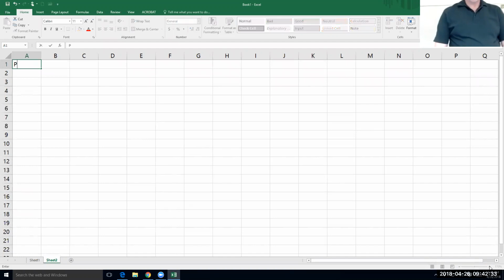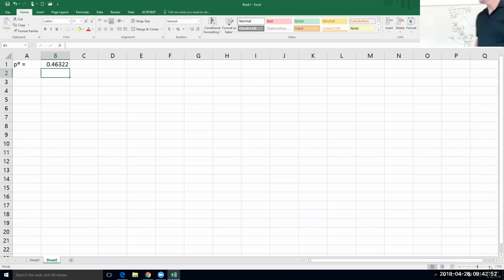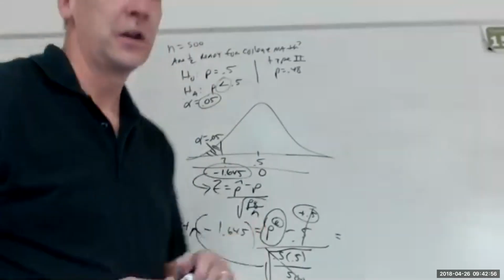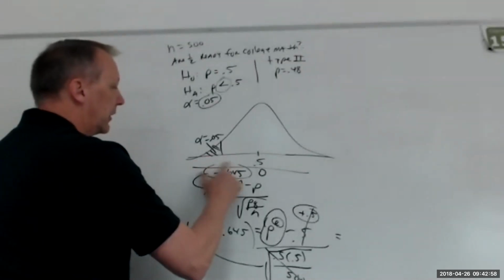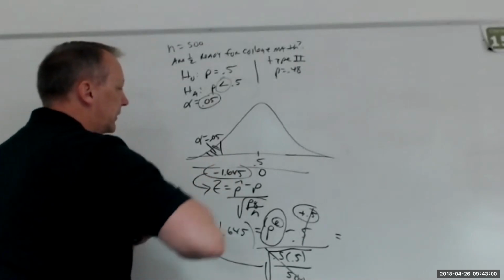All right, so P reject equals 0.5 minus 1.645 times the square root of 0.5 times 0.5 divided by 500. So that gives me a value of 0.463. So if I go back here, this question mark is no longer a question mark, it becomes 0.463.